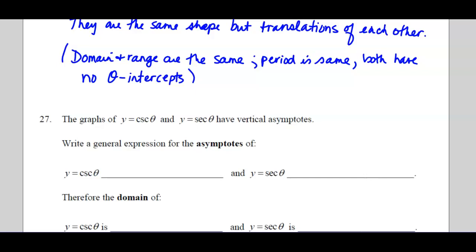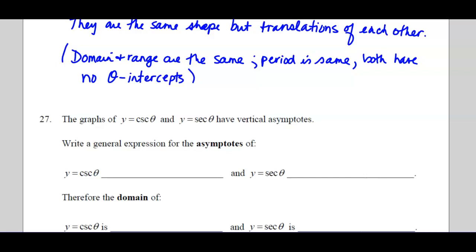So the general expression for the asymptotes of y equals cosecant theta: you can look back at your graph that we just did, or you can think about where those occurred. That's when sine of theta was 0, because that's now in the denominator. We already did that yesterday, we found the theta intercepts. They were multiples of pi.